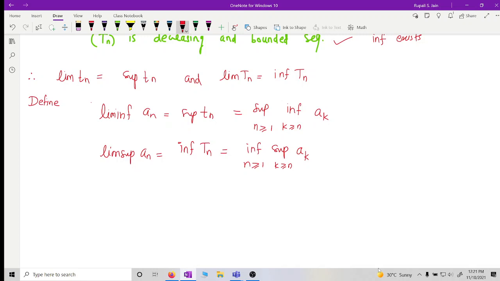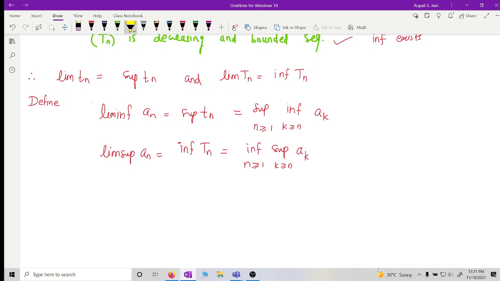So if an is a bounded sequence, I can define liminf of an as this one, supremum of small tn, where tn is nothing but infimum of ak, and limsup of a sequence is nothing but infimum of capital Tn, where infimum of Tn is nothing but supremum of ak.